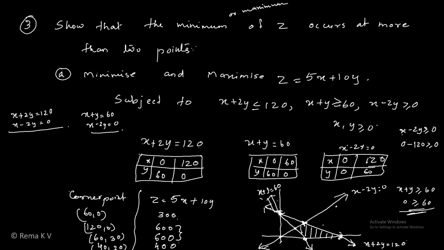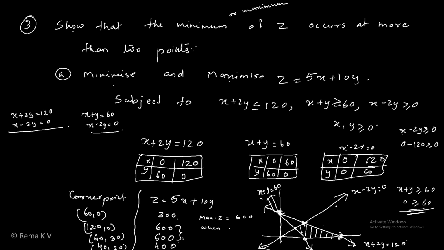See now, if you are getting an answer like this, in this question it is okay, it is show that, but otherwise the question is minimize or maximize. You have to conclude the answer as the maximum value of Z is 600. Maximum Z is 600 when, see the value of x here, it lies from 60 to 120.